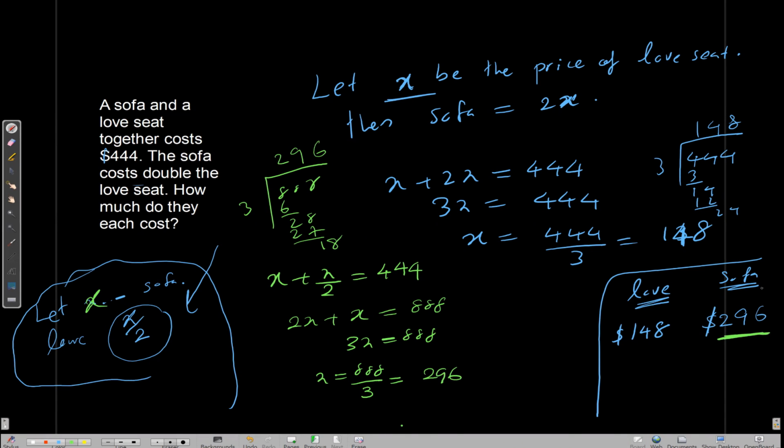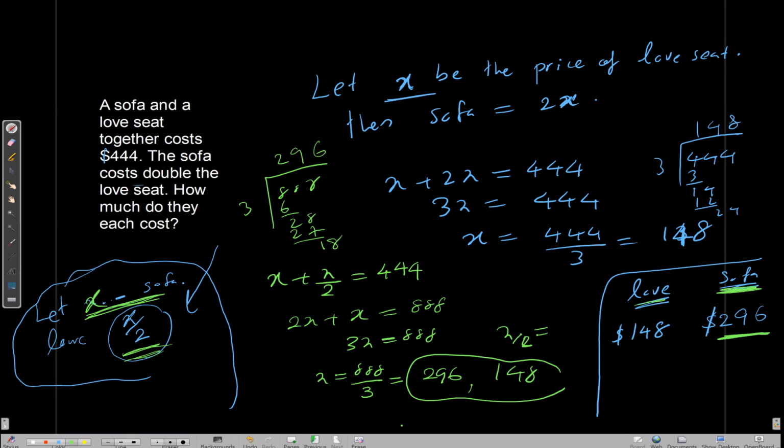See, x is our sofa, and the love seat is half of it, which is 148. So x over 2 equals 148. It doesn't matter. You can do it like that.